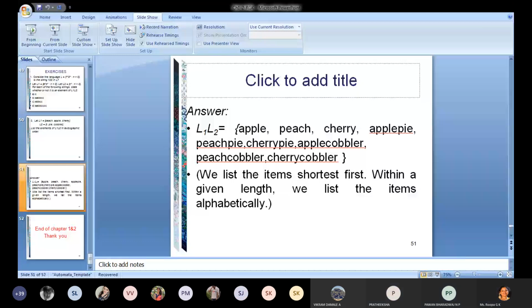Priyanka, present, ma'am. Rashmita, present, ma'am. Rohit, present, ma'am. Shreyas, yes, ma'am.